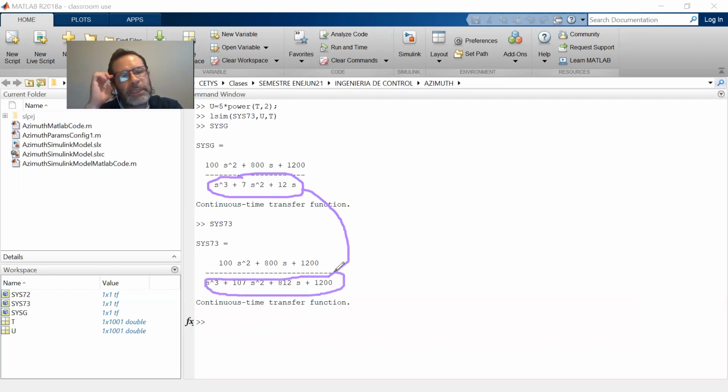Okay, somehow transferred over there. And remember that this polynomial, the characteristic equation, is going to define the response of the system. So any modifications I do in that denominator somehow are going to affect the response. And in the end, that's what I want. I want to improve or change the response.